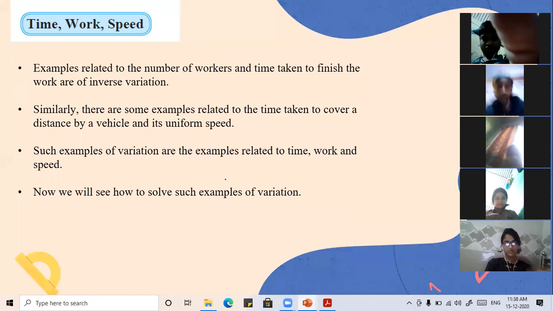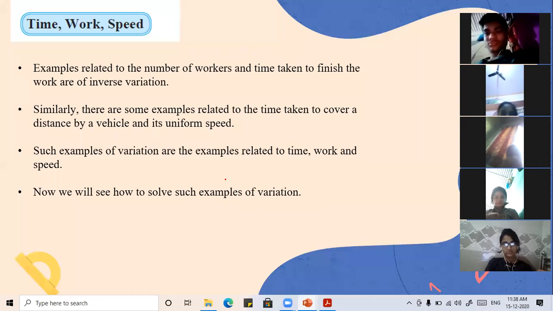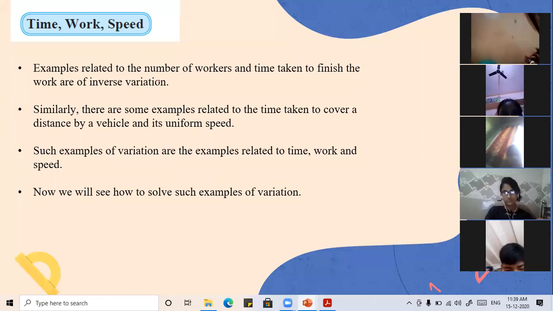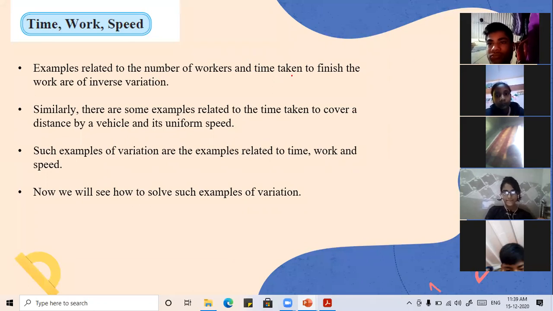Now the next exercise is based on problem sums. So we are finished with exercise 7.2. Now the next exercise is 7.3, and in 7.3 we have all problem sums. Those problem sums are based on time, work, and speed. So examples related to number of workers and time taken to finish the work.